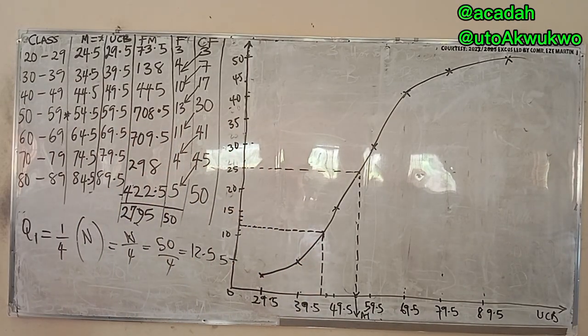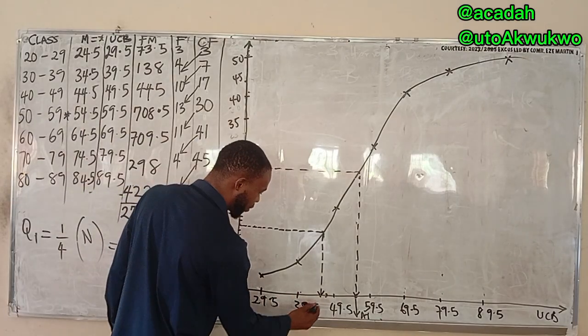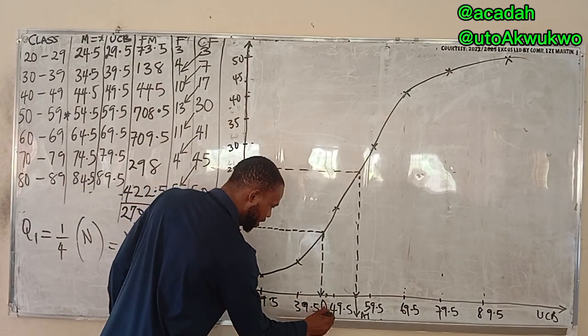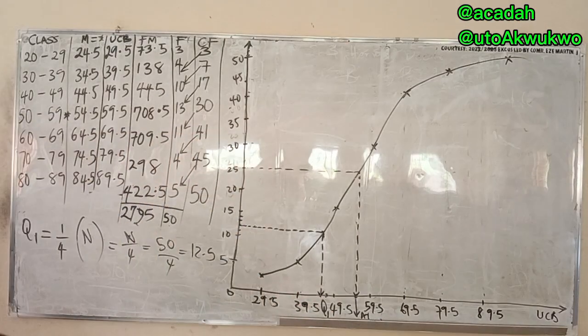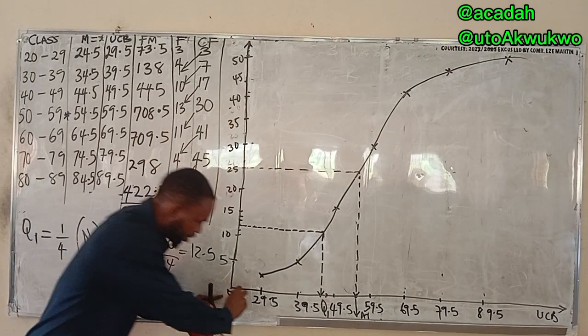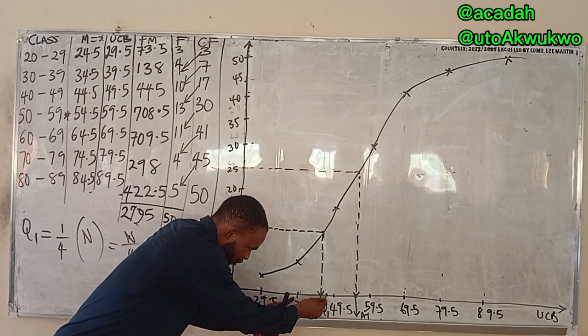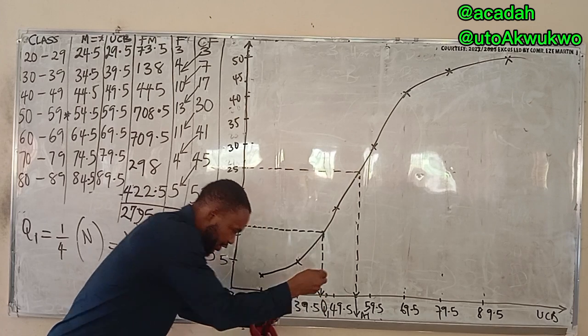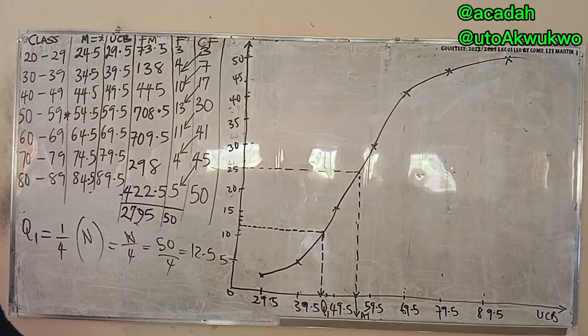So now, at this point, if you are using your graph notebook, any point you find here is your Q1, your first quarter. Once you come, you check it, read it up. Any point here, read it up. That's your Q1. But for the fact that we are here, we will now use our formula to balance things.